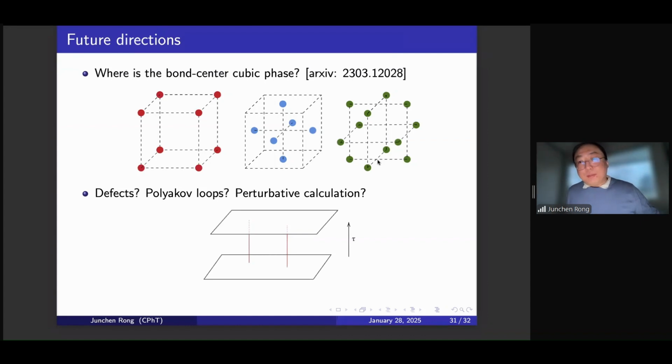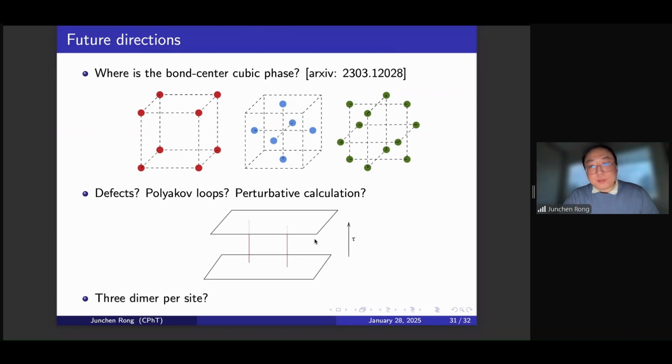By Polyakov loops, I mean the Wilson line along the temporal circle. So I don't know whether this would change the dynamics or not. I actually don't know how to study this kind of object, which is a pity. But also I think maybe a lot of people here are interested in bootstrap. This kind of setup with temperature, but with a defect along the temporal line, is something that we can maybe calculate perturbatively. We can do some kinematics and stuff like that, which is probably nice.